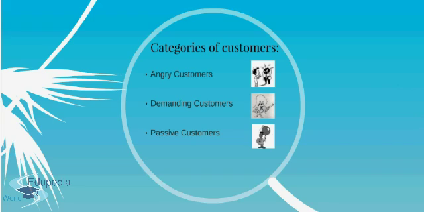If something goes wrong, they are very aggressive, very vocal. They'll approach you, they'll shout at you, and they'll ask for compensation, or they'll express their dislike and be very vocal about that.